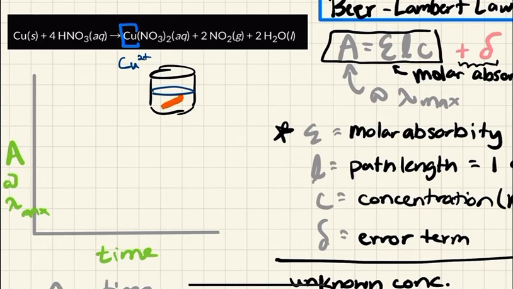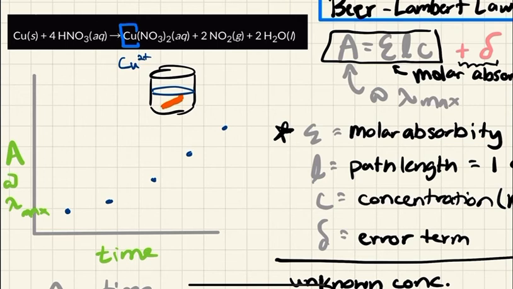So as you might imagine, at your different time points, you might see the amount of copper-2 go up, and the shape and steepness of that line will depend on the rate of the reaction. And so that's our research question for this lab, about the rate of the reaction between the copper metal and the nitric acid. So remember, we're measuring at lambda max at only 1 wavelength, and we're looking at how the absorbance increases over time, because this reaction is taking place and forming something that we can detect by visible spectroscopy.